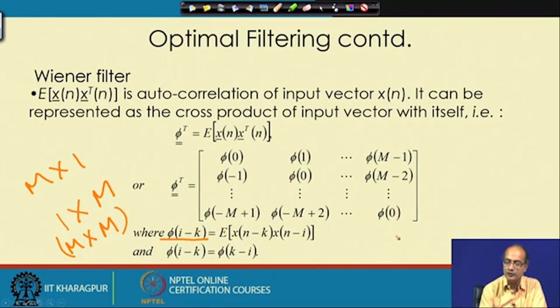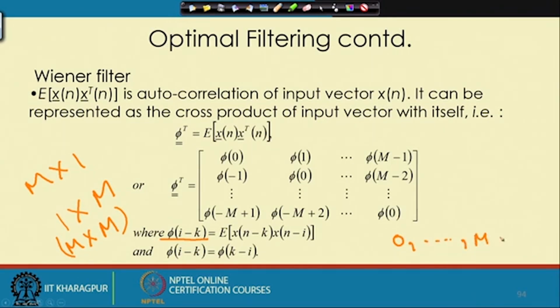If we have the values starting from 0 to m minus 1, that would be sufficient to populate this matrix. Okay. So, that is the first initial description of the optimal filter. Thank you.